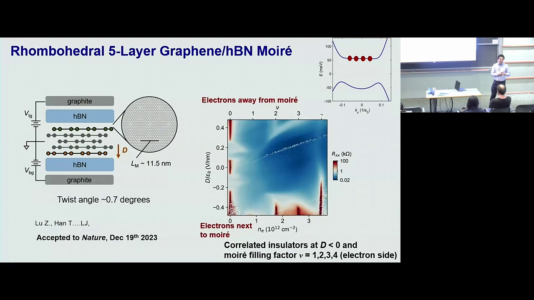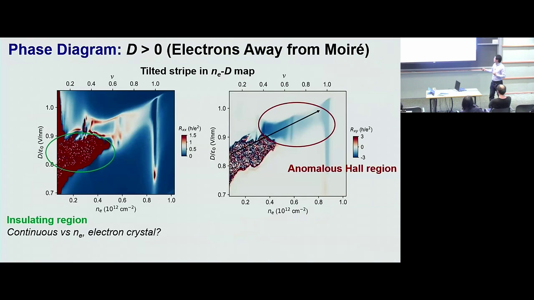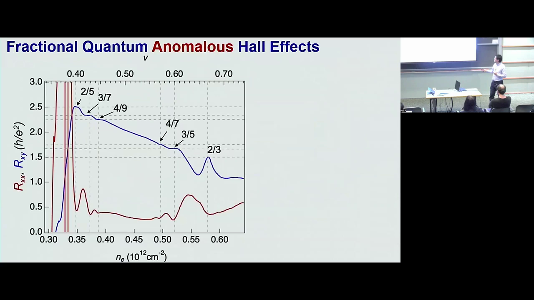You mean you don't see it? We don't see features other than these fractional states. But I should say this data was taken when we think the electronic temperature was probably on the order of 300 millikelvin or even higher, and now we can probably go to even lower temperature.